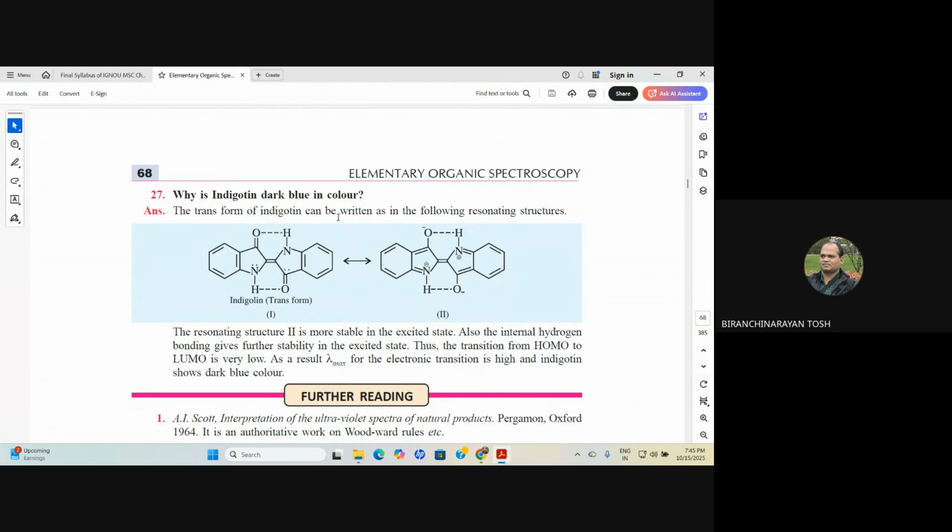The trans form of indigotin can be written like this. The resonating structure 2 is more stable in the excited state. Also, the internal hydrogen bonding gives further stability in the excited state. Thus, the HOMO to LUMO transition energy is very low. So therefore, it is dark blue in color. These are some compound questions which you can go through.